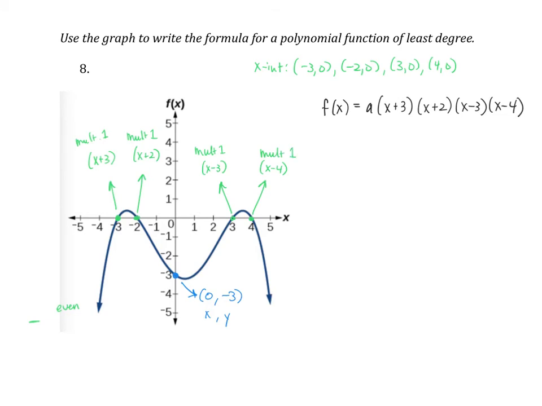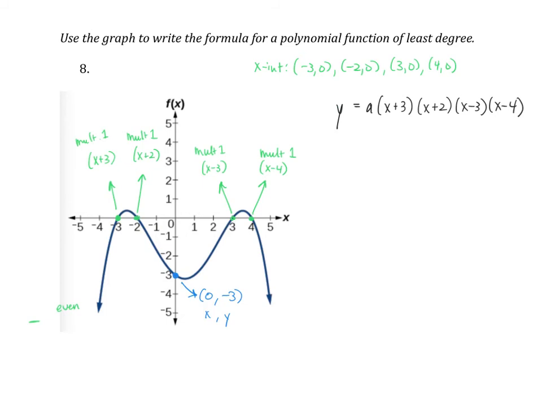The a you always need to include in front. Then you need to use your other point that you can determine from the graph. In this case, I used the y-intercept to plug in for x and y. So here f of x is the same thing as y.